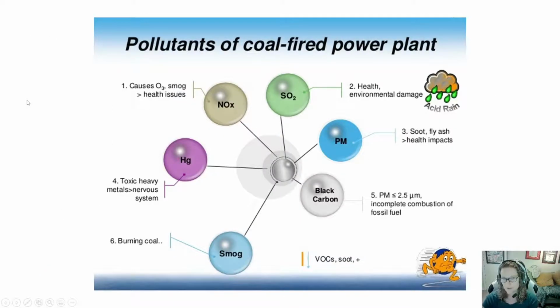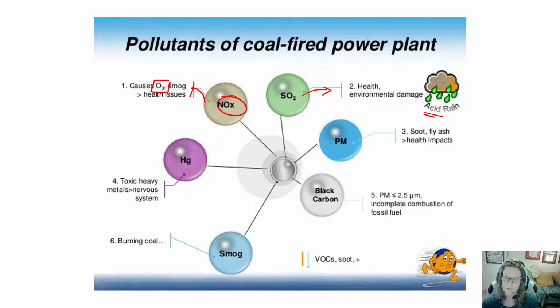All right, so here's a visual if you like it in a more visually appealing look. Again, NOx can contribute to smog, air pollution. It is a precursor, or an ingredient, to make ozone, tropospheric ozone. SO2 is the precursor for acid rain.